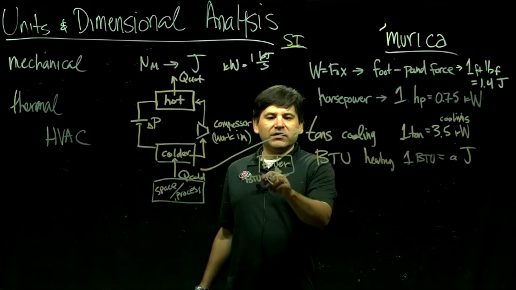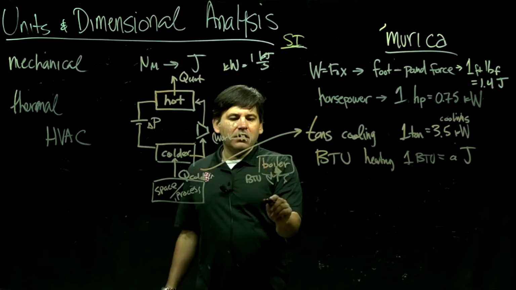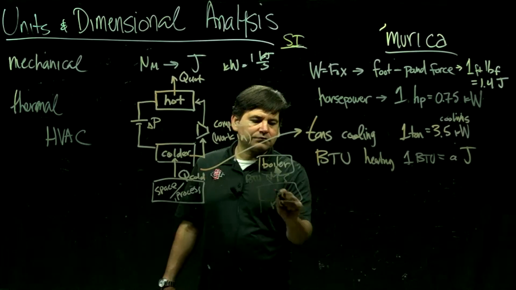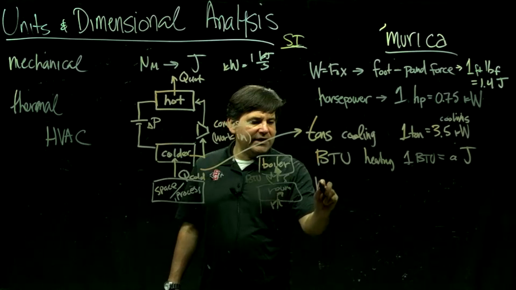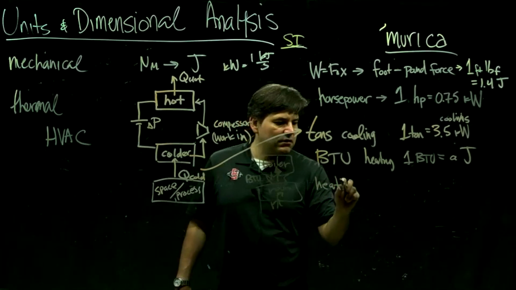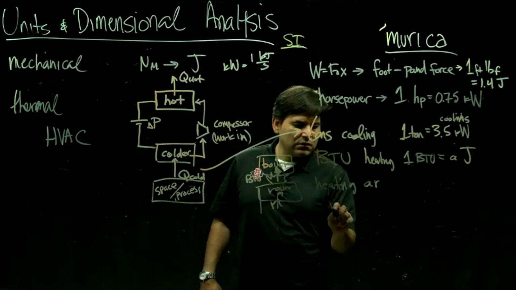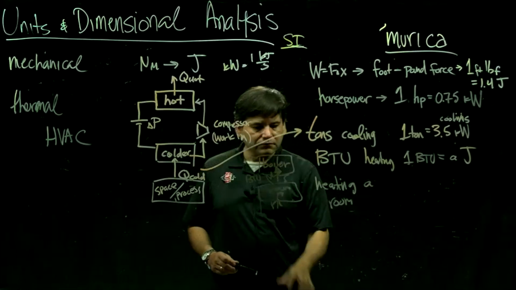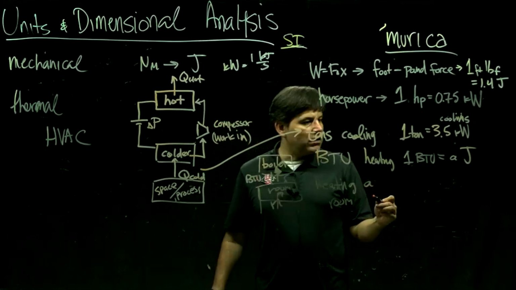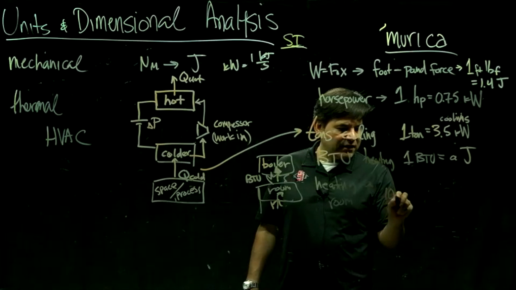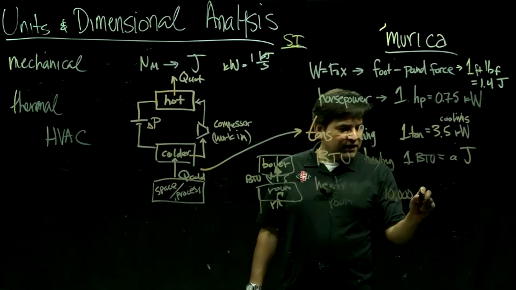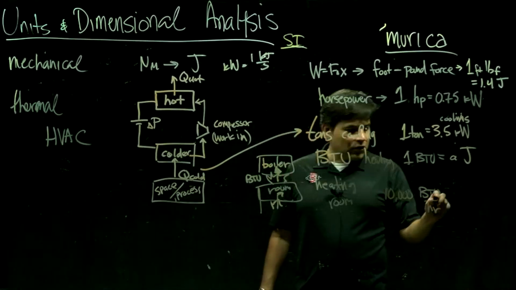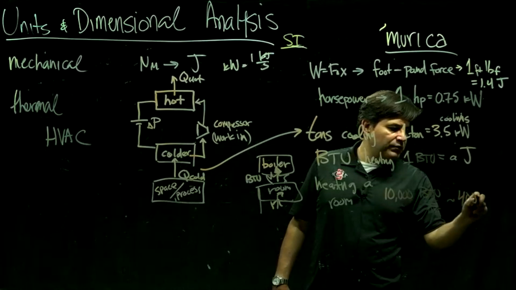And in terms of this, either using this in a boiler or using a fire for a room, so heating a room using some BTUs, one guideline would be that you need 10,000 BTUs per hour for a 400-square-foot room.